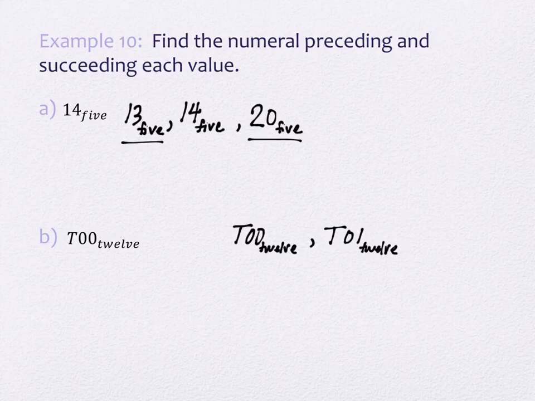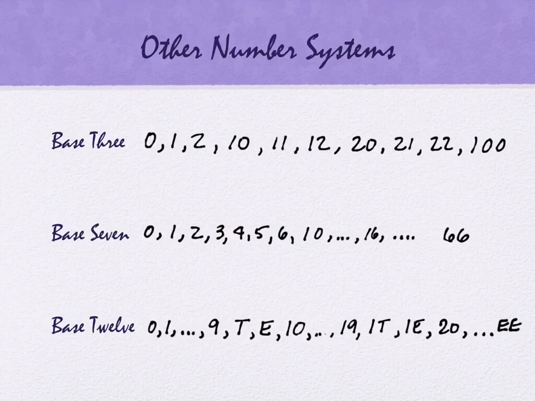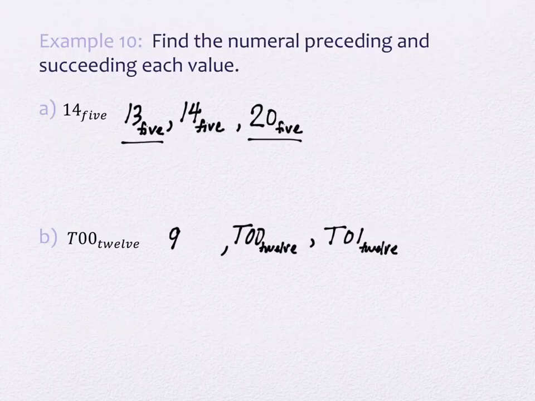It's the number that comes before that's harder. Any ideas what comes before T00? It'll start with a 9. Very good. Because the number that's before a T is a 9. Right? Look back over here. What came before T? 9. Then what?